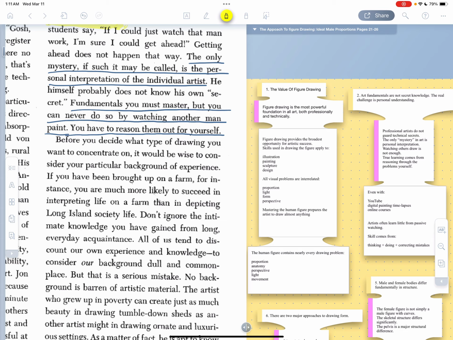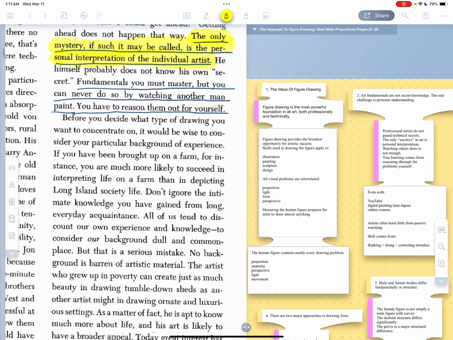So there are no secrets. There are no barriers. The only mystery, if such may be called, is the personal interpretation of the individual artist, right? So the only secret is how individuals take the concepts and apply them.